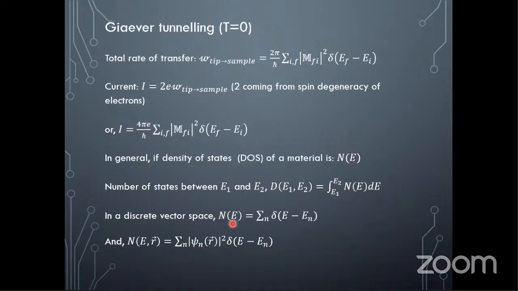But in a discrete vector space, the density of states is given as a delta function, the summation over n of delta(E minus E_n). And if you take the position space into account, then the wave function squared also comes into play. So this is my density of states in real space, as a function of energy and the real space coordinate r.